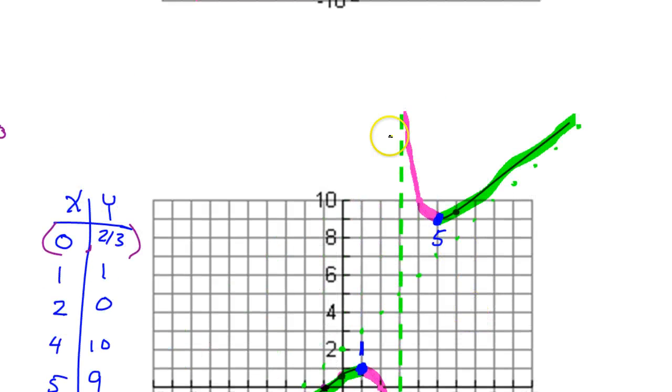And then over here, on this side, same thing. This is approaching the asymptote, so this is 3. Meanwhile, this end over here is just going to the right forever. So the x value of this is positive infinity. Not because it's going up, but because it's going to the right.